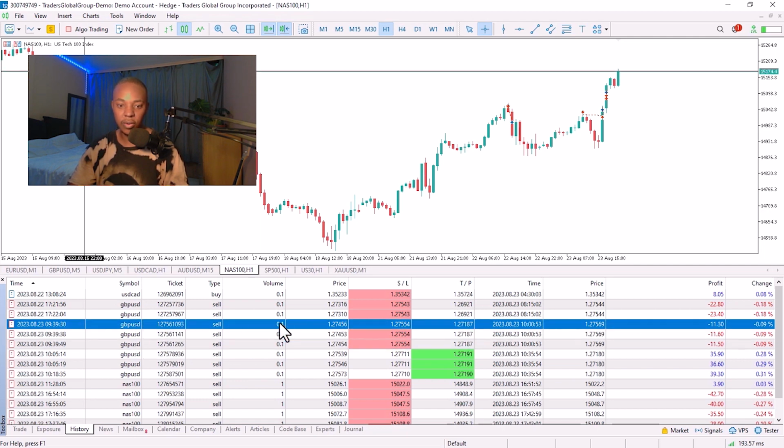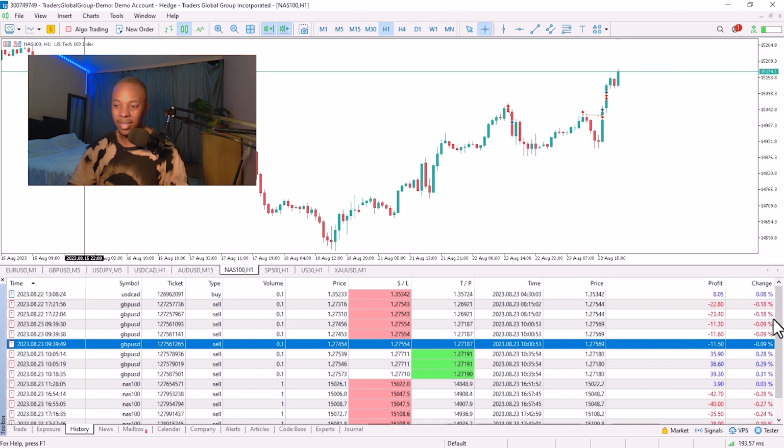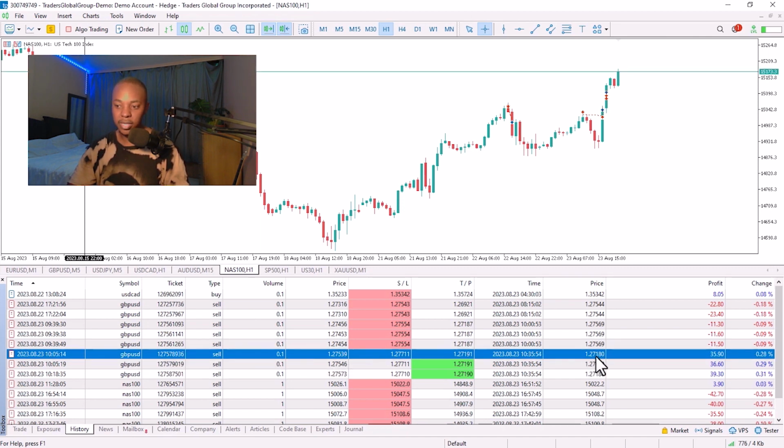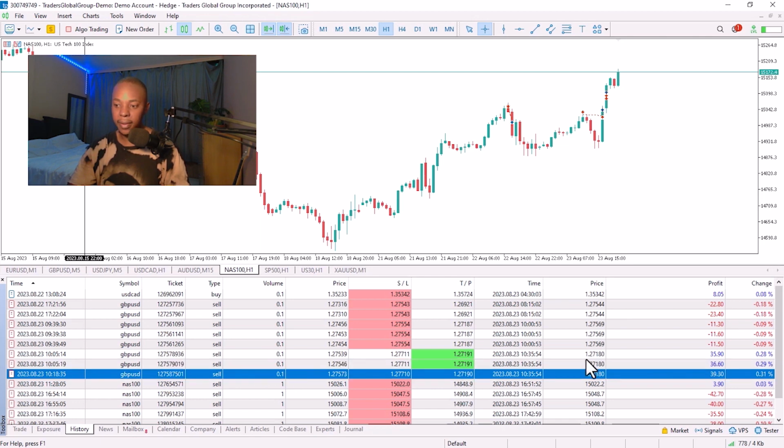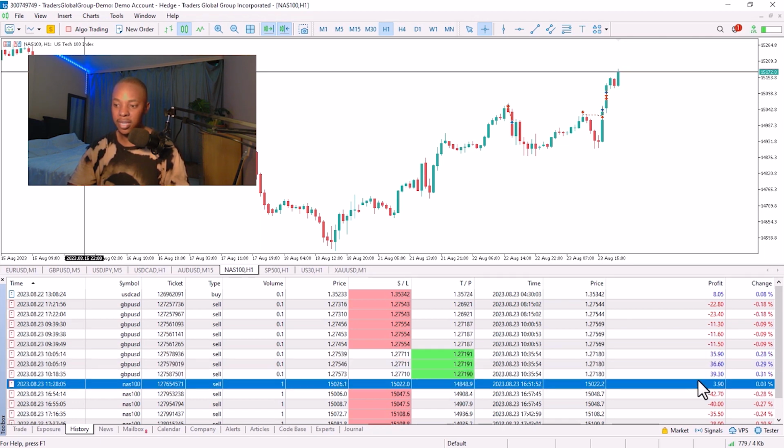I always take 0.1, times 3. As you can see, 3 of them hit SL with minus 0.09% each, so that's times 3. You'll do your math and get the total percentage drawdown. And then the second trade I took on GBP USD, as you can see, I was profitable. I executed 3 at 0.10, and I made profit.